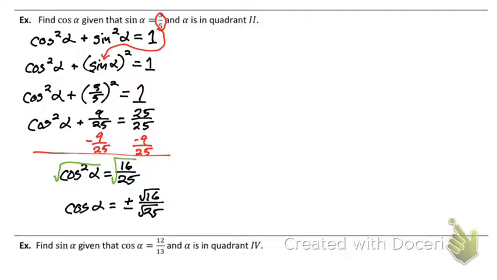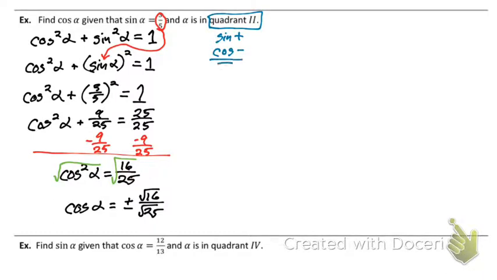I did this problem kind of out of order. When I do these problems on my own, the first thing I look at is this statement here. That statement says I'm in quadrant 2. In quadrant 2, we have all students: sine is positive, cosine is negative.